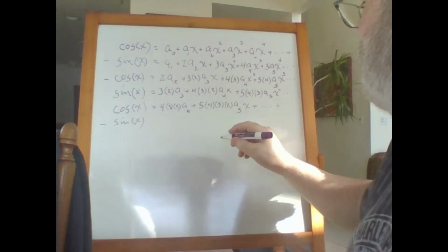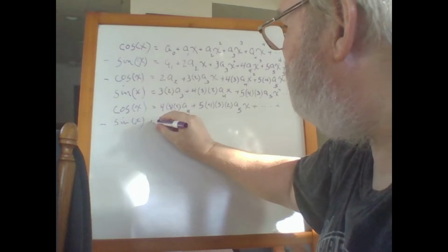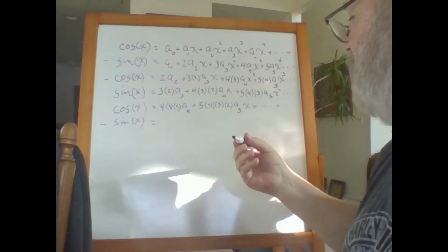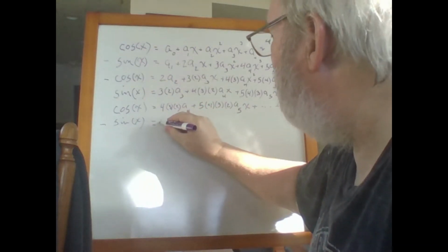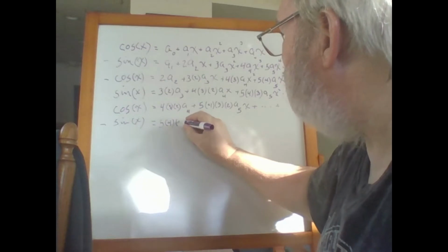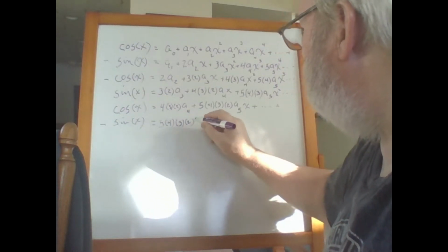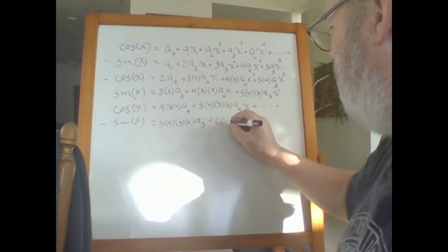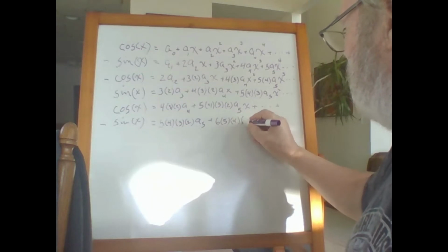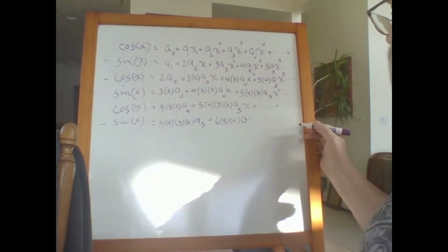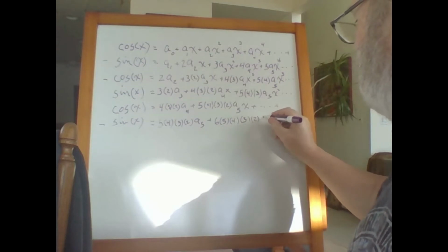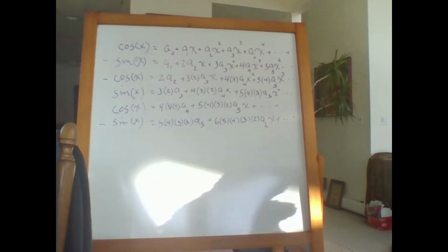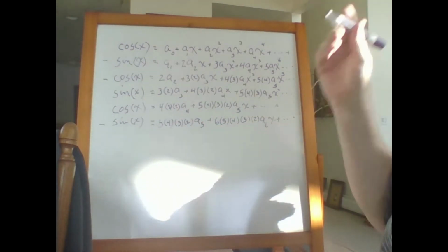And you can see the pattern here that's arising. That is going to be this term, because that one drops out, and x. So we have 5 times 4 times 3 times 2 times a5 plus, and we have 6 times 5 times 4 times 3 times 2 a6 x plus blah, blah, blah. All right. I just brought one term in over again.